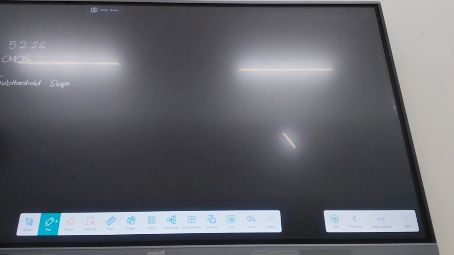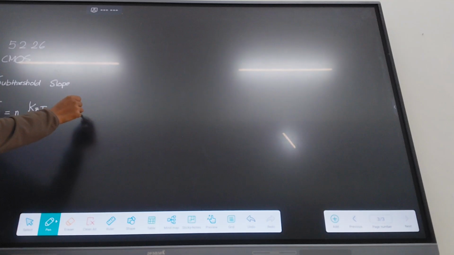Okay, sub-threshold slope, and it is given as S is equal to n kT by q ln 10.